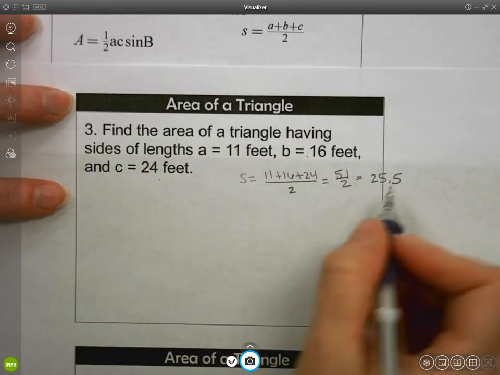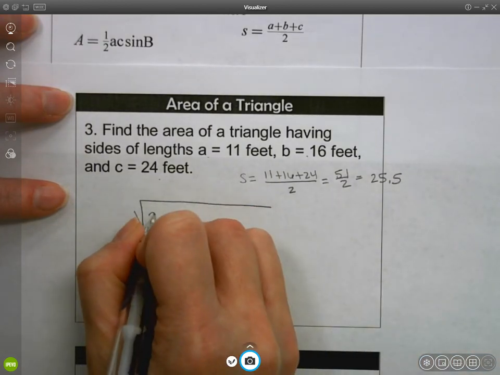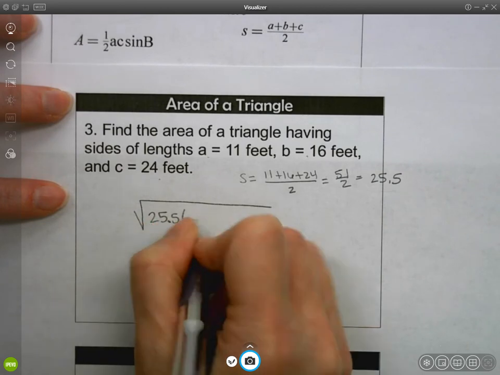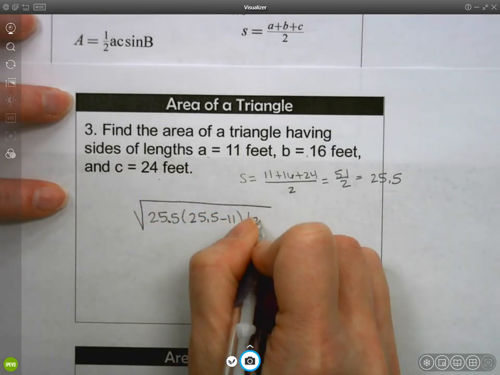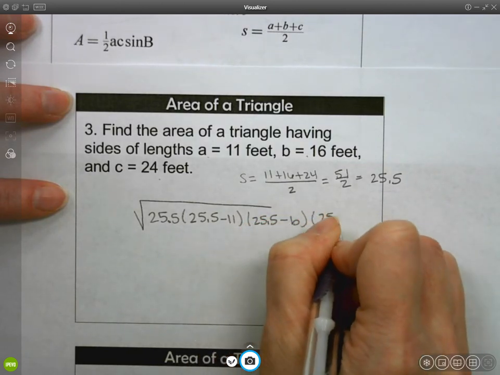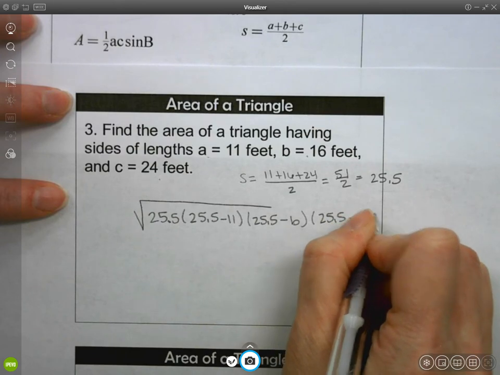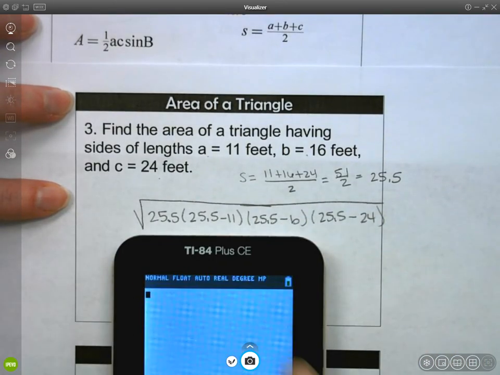Now that you know what S is, you're going to do the square root of S times S minus one of the sides times S minus another side times S minus the last side. I don't need you to figure all of those out individually. We have a calculator. So just do second square root and type it in.